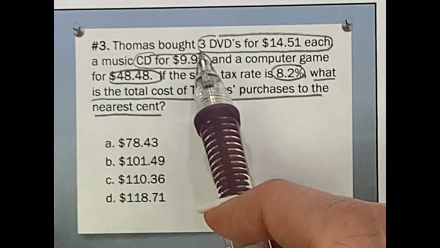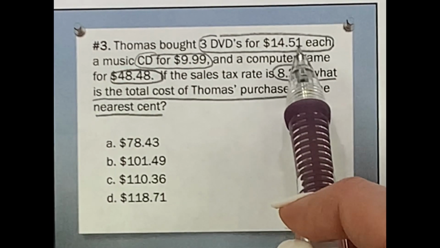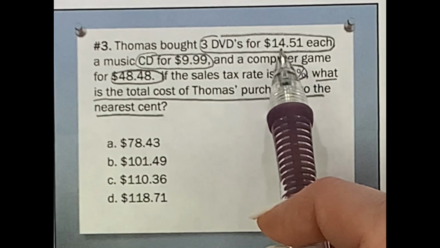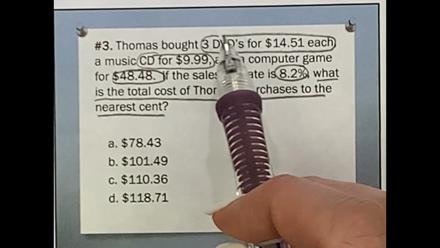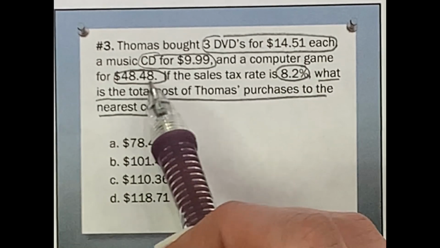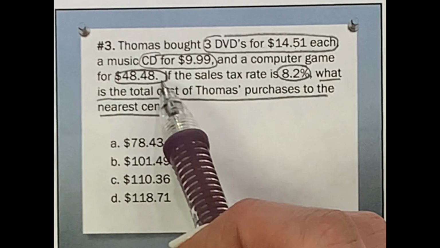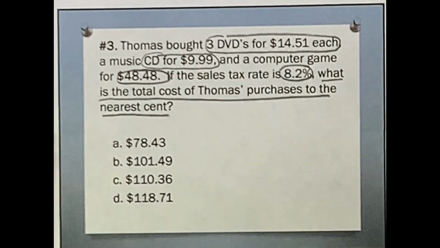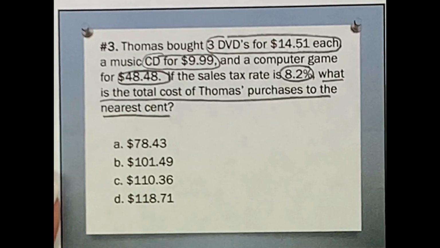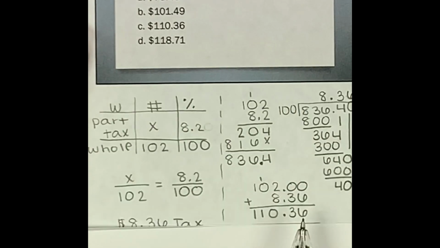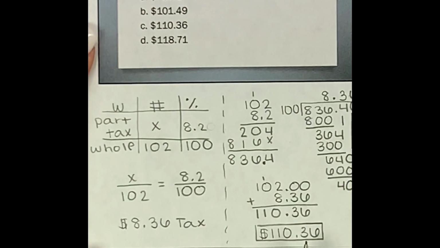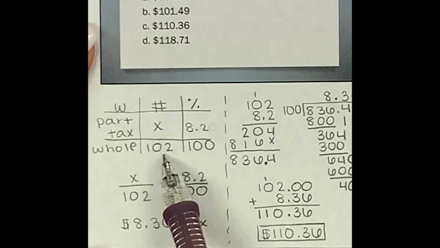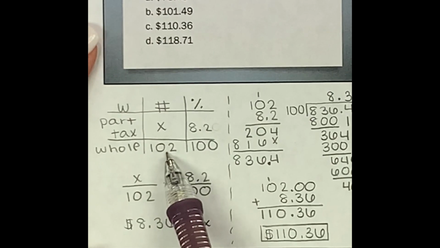When it says 3 DVDs for $14.51 each, that means each of those are $14.51. So you have to do $14.51 times 3, then you can add these. Make sure when you add or subtract decimals, you line the decimals up. Okay, so here is my W #%. So when I added all of those items together, I got $102.